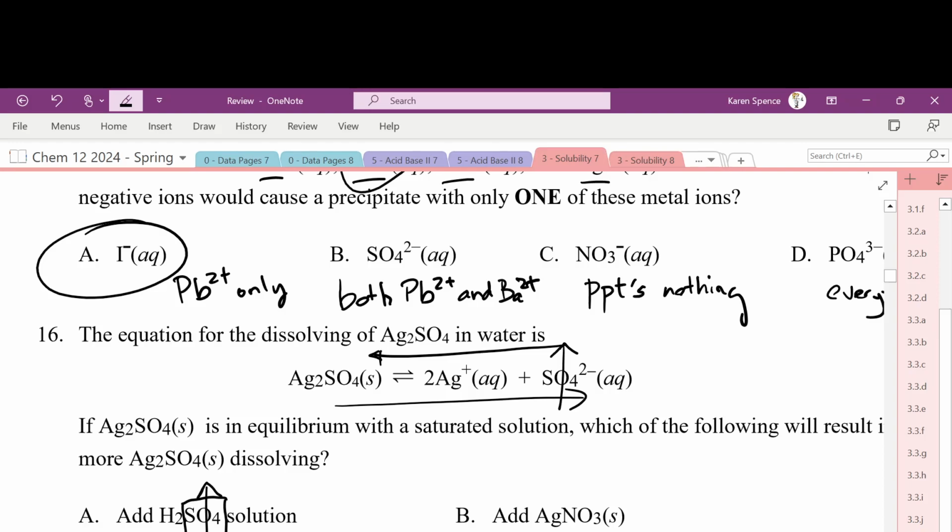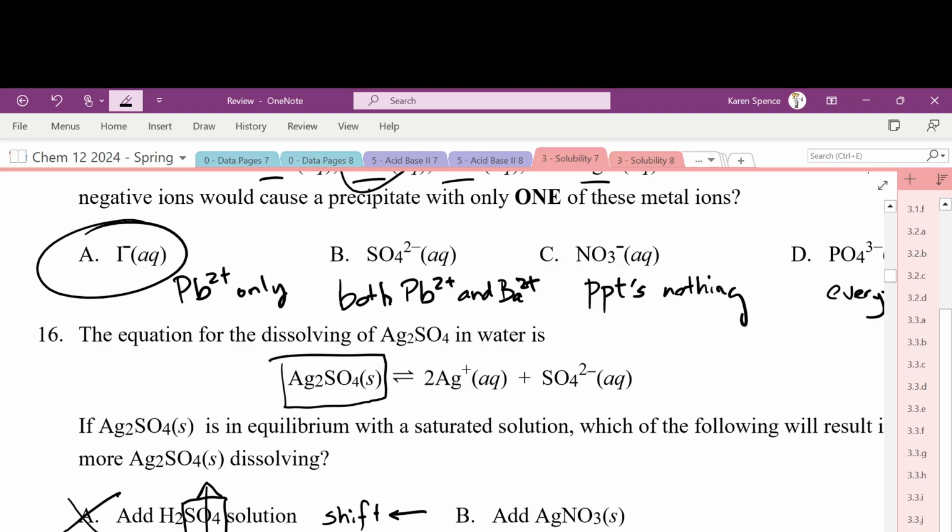So that's no good. If we add more silver sulfate, does adding more solid change anything? No. No change.